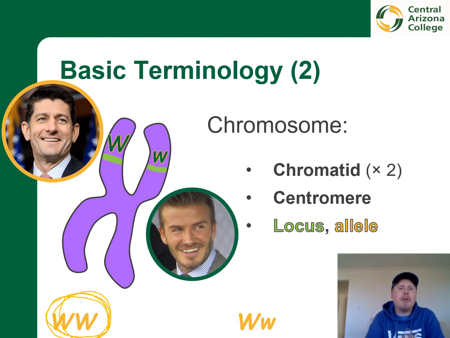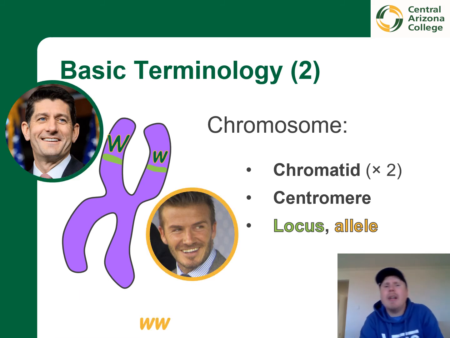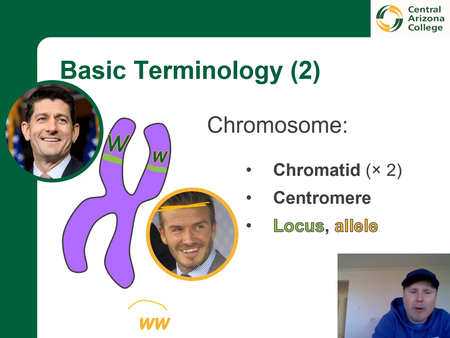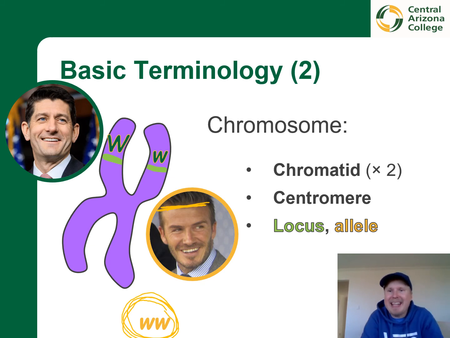So that's how you get widow's peak. The only way how one can have a straight hairline is by inheriting an allele for that. And remember that this was recessive characteristic, so it must be inherited from both parents, as we see here on yellow.